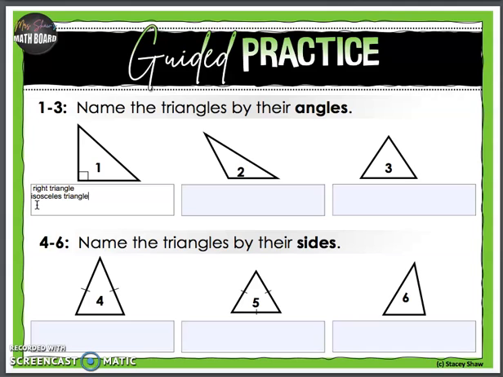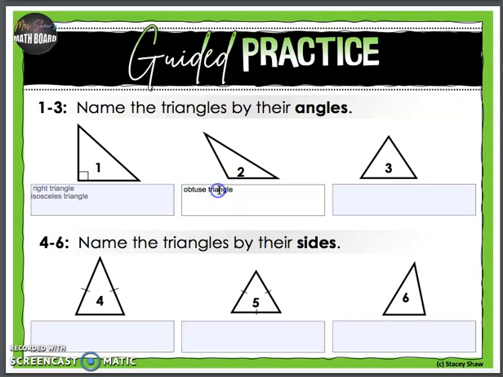I always get those mixed up. Okay, number 2, and remember with our angles, we always have at least 2 acute angles, and it's that third angle that tells us what kind of triangle it is. We have an acute angle here, acute angle here, but this one is obtuse. So this is going to be called an obtuse triangle.